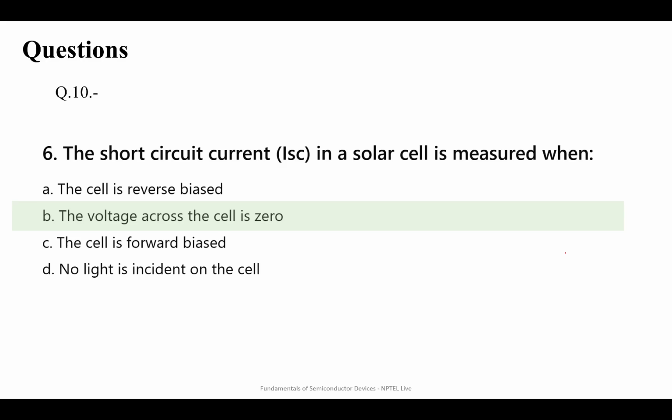Short circuit current is measured by keeping the voltage across the cell as zero. At that point the current generated is maximum. So ISC is the maximum amount of current that can be generated by your solar cell.